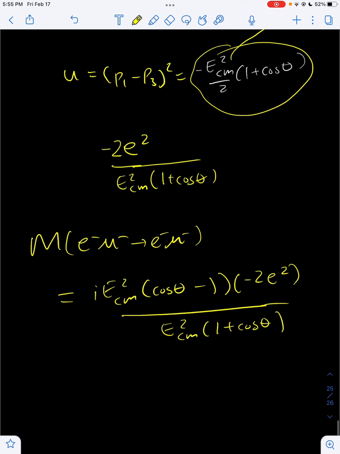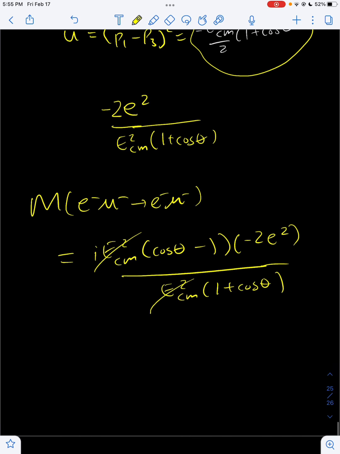And you can see that the center of mass energy just drops out. So the actual energy at which we probe the collision doesn't even affect the amplitude for it happening, which is pretty cool in my opinion.